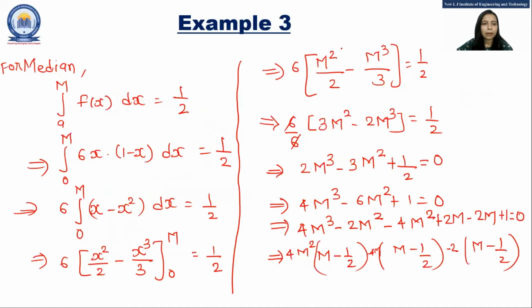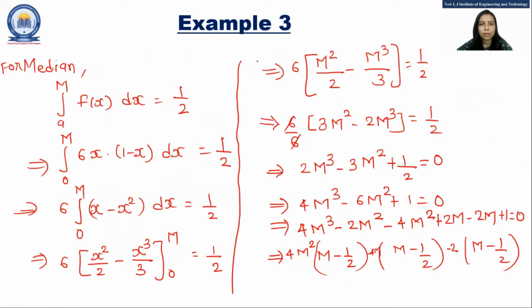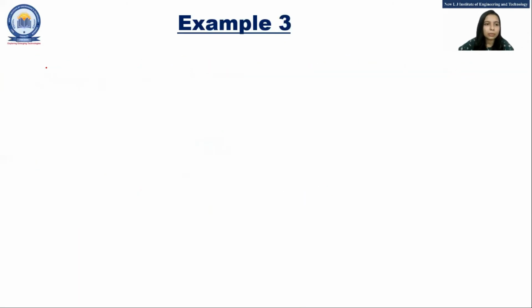Now the next thing that we have to find is standard deviation. So we already have the value of mean. Now let's find E of x square, that is integration from minus infinity to infinity x square f of x dx.